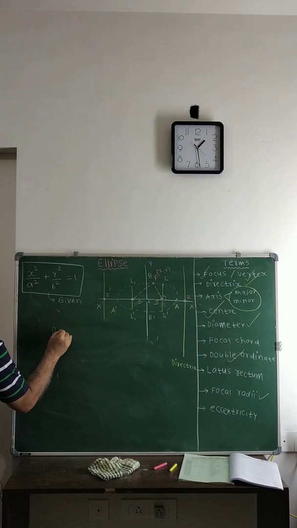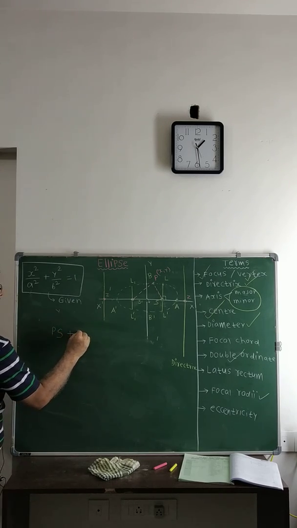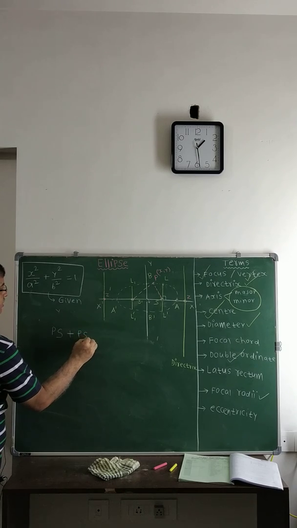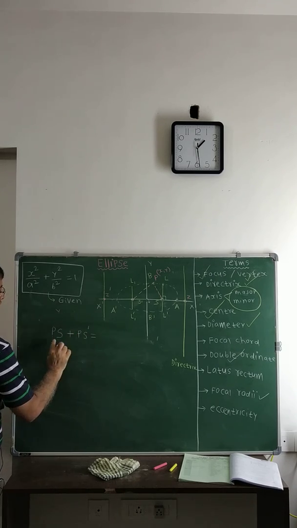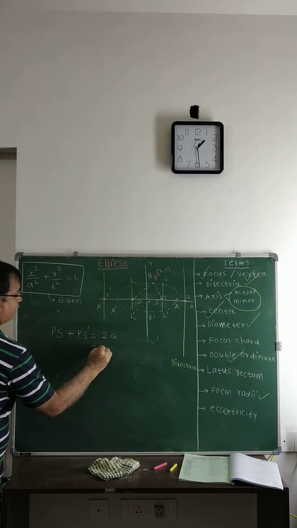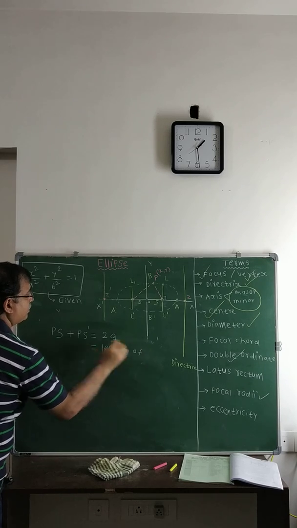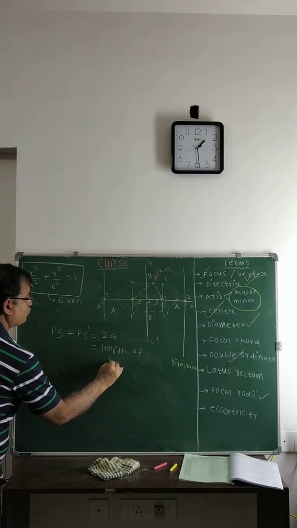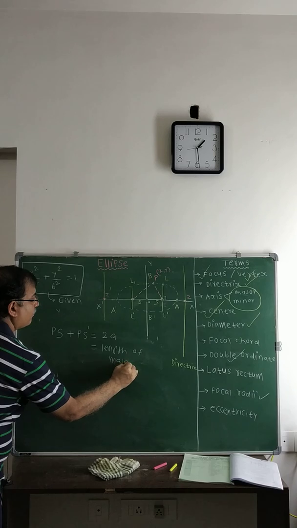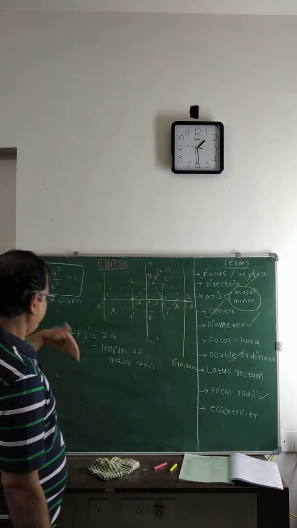And in case of ellipse, let's say P is a point, then PS is one focal radius and PS dash is another focal radius, and the sum of these two is always twice A, and this is nothing but the length of the major axis. This sum is always a fixed quantity. Okay, it is one of the properties of the ellipse.